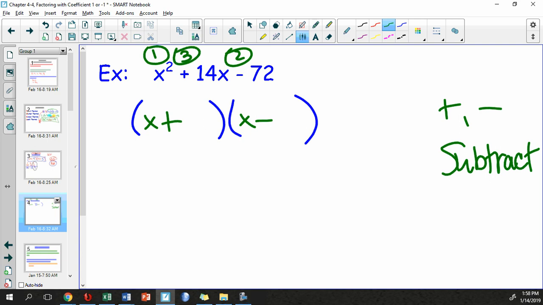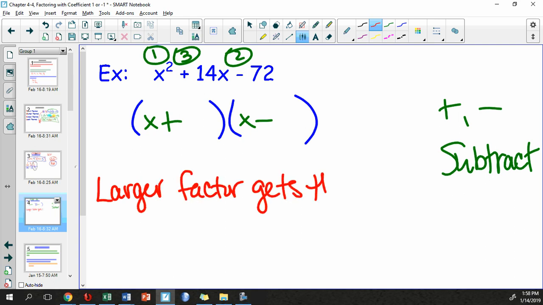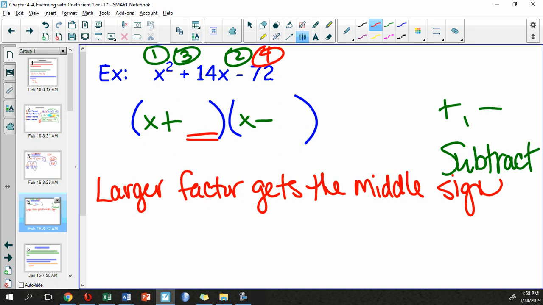You're never going to look at the sign. That sign right there says that the larger factor gets the middle sign. In this problem, what is my middle sign? Plus.